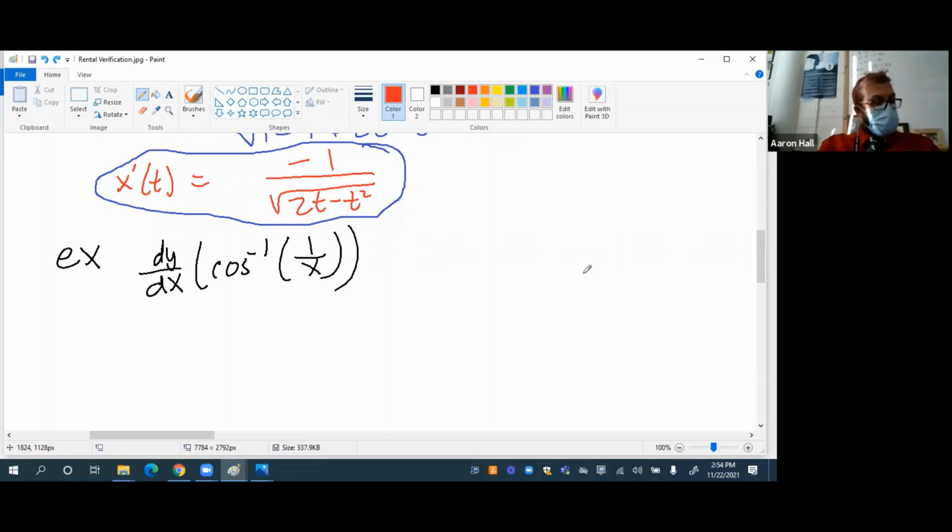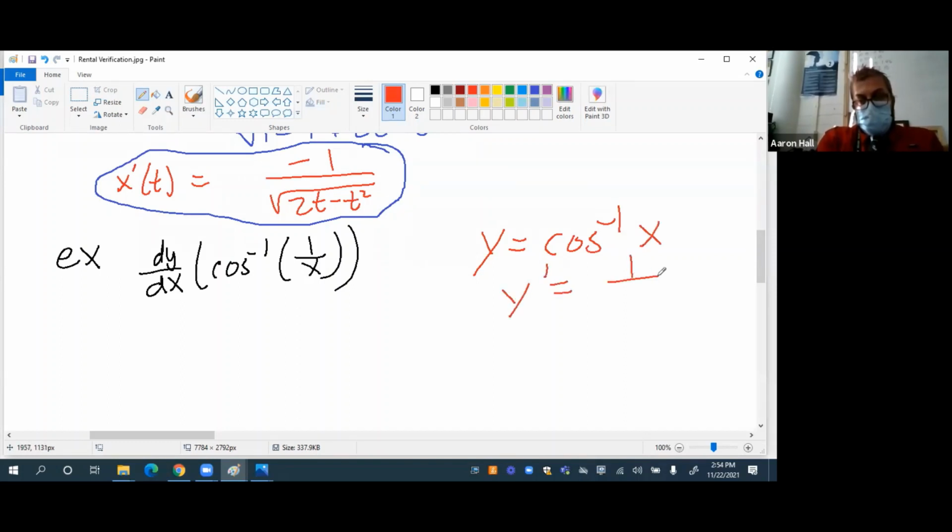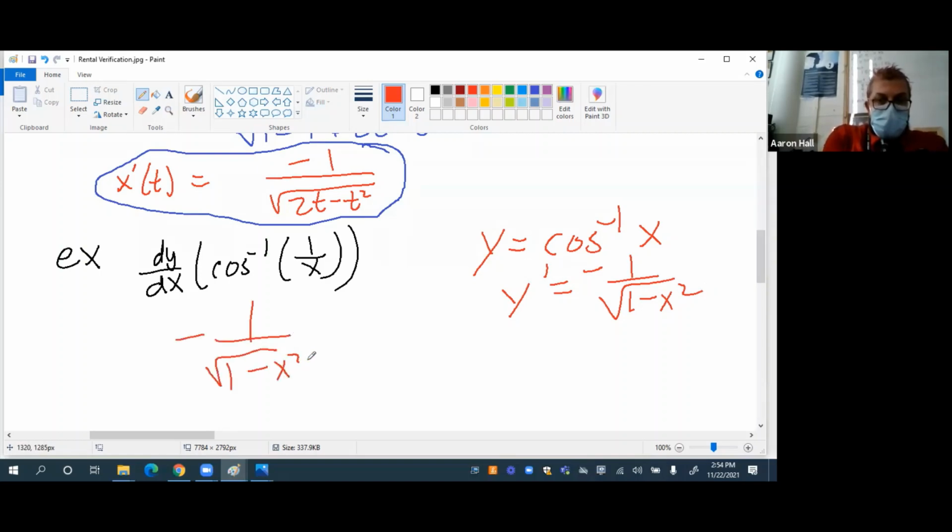Andrew, did you get it? I did not. Do you remember what the derivative of the inverse of cosine is? It's -1 over the square root of 1 minus x squared. Okay, so does that mean that the answer is -1 over the square root of 1 minus x squared?